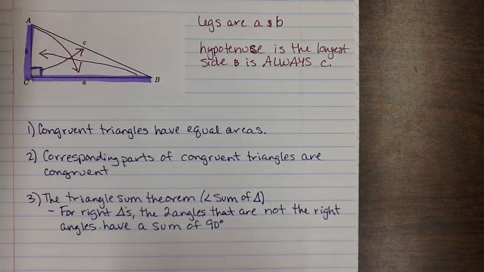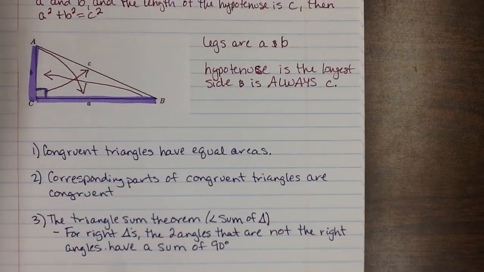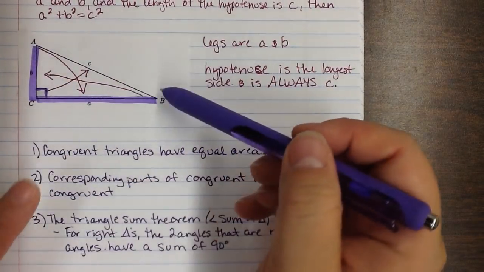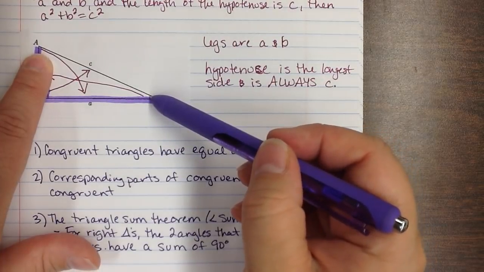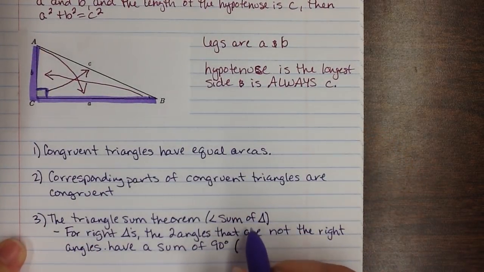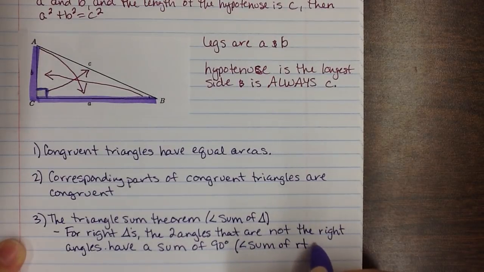Okay? So, for example, this one is 90 because they have to all equal 180. These two angles have to add to 90. That's what this is saying. And then to abbreviate this, we'd say angle sum of right triangles.